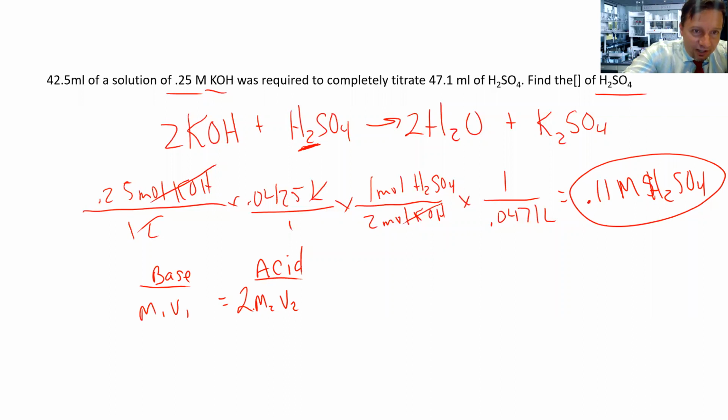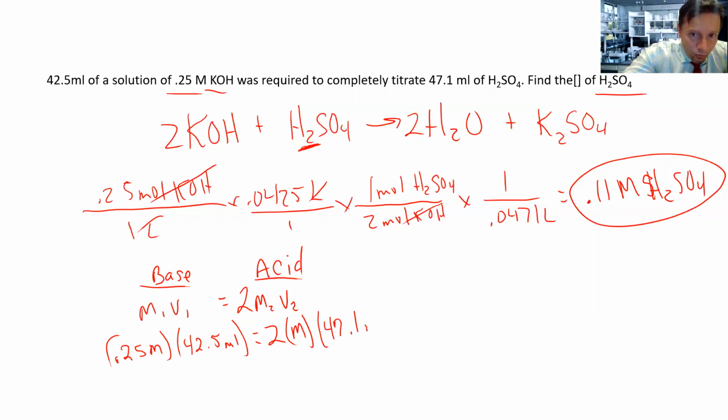So plugging this stuff in here, I'm going to have 0.25 molar. My volume is 42.5 milliliters equals 2 times, and we're just going to go M, and then times 47.1 milliliters.